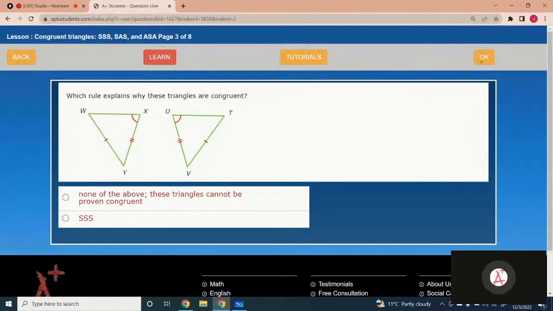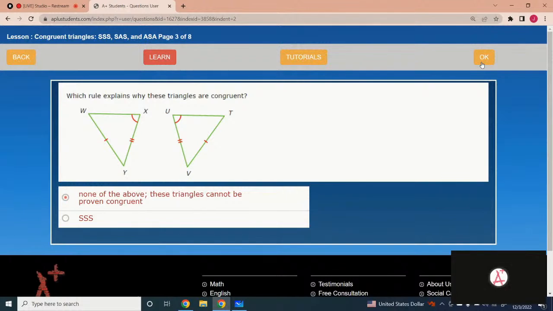Okay. Which rule explains why the triangles are congruent? Okay, are the triangles congruent? They are. You have two options: none of the above, these triangles cannot be proven congruent, and the second one is side, side, side.